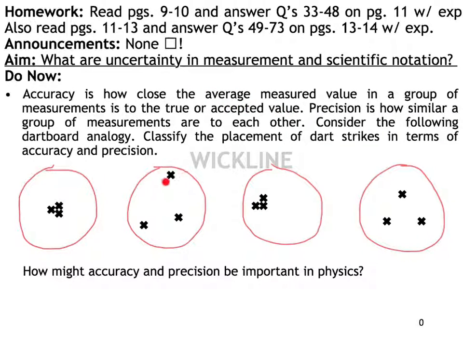Now up here, these guys, they're not in the center, and they're not averaging out to the true value either. So that's not going to be very accurate. These guys, although they're really close together, they're not averaging out to the center, which is in here somewhere. So this is also not accurate. And confusingly, I think, these three are not very close together.